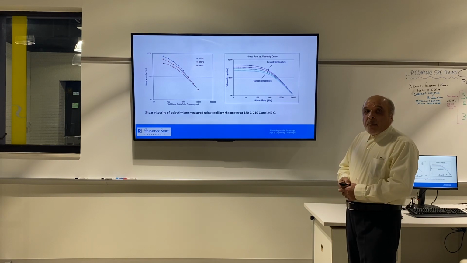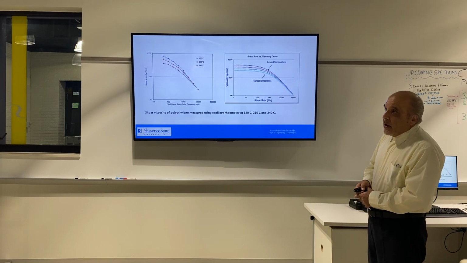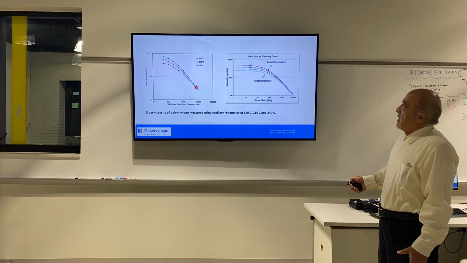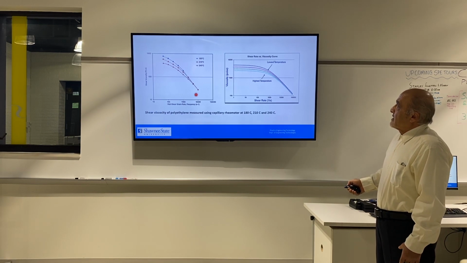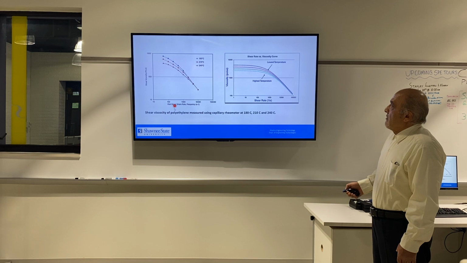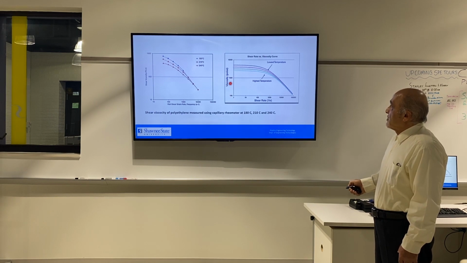For any capillary rheometry, you have this type of graph. When you are doing a test for any capillary rheometry, we measure shear rate versus shear stress and viscosity for different types of material.